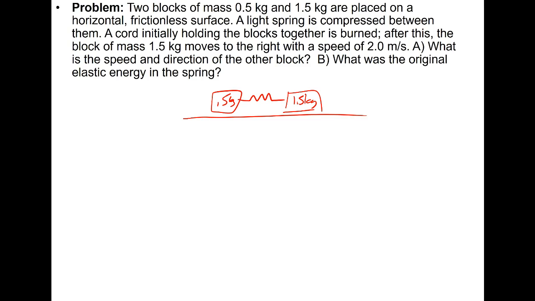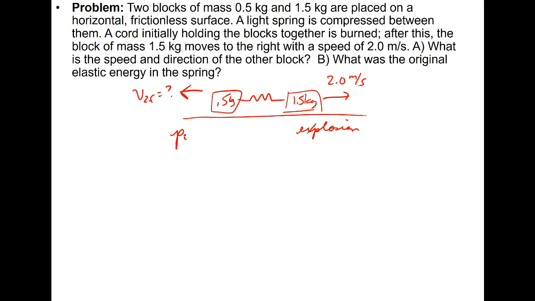So after this, the block of mass 1.5 kilograms moves to the right with a speed of 2 meters per second, and we want to know what's the speed and direction of the other block. So we want V2 final, and then we also want to calculate how much elastic energy was stored in the spring.